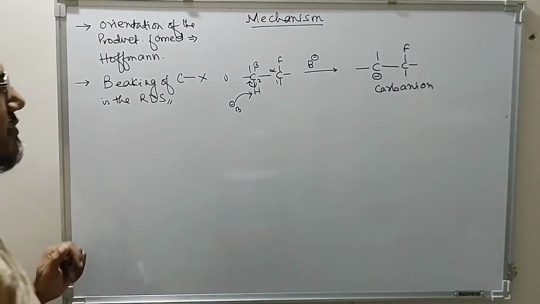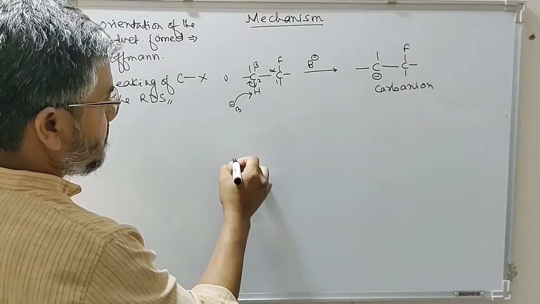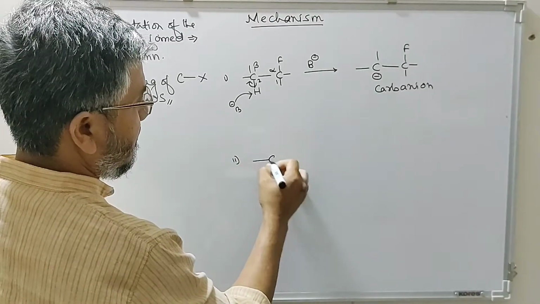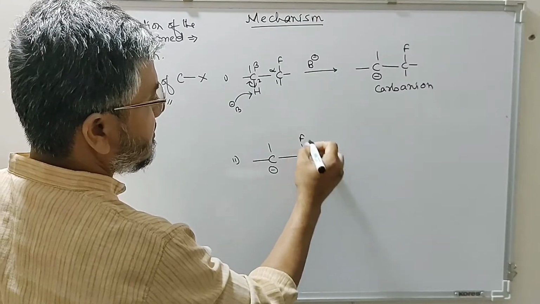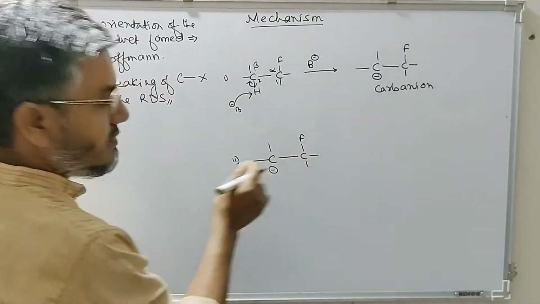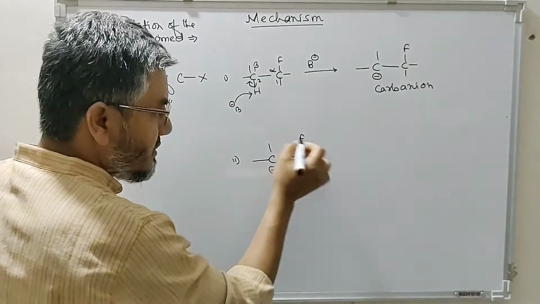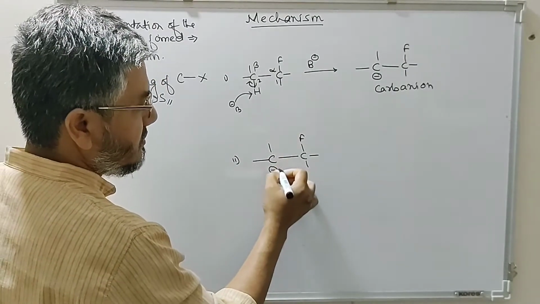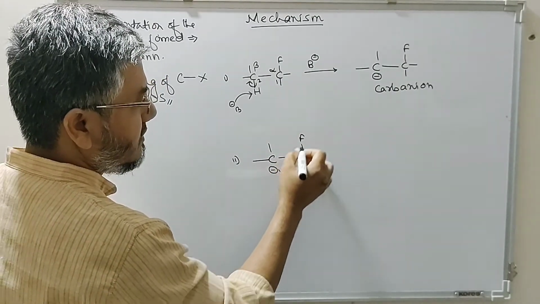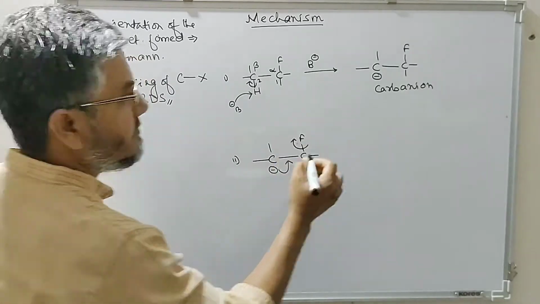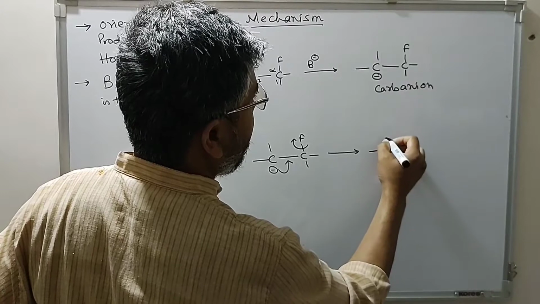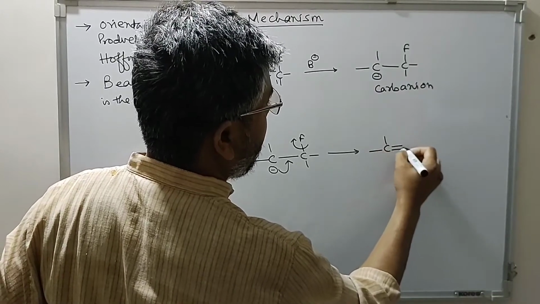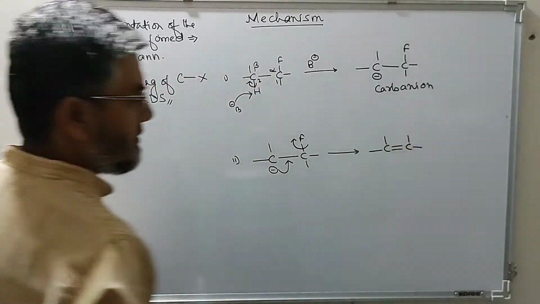In the second step of the reaction, this negatively charged carbanion, the electron pair present on this carbon, pushes out this halogen, that is fluoride, from the system, and this gives you the product alkene.